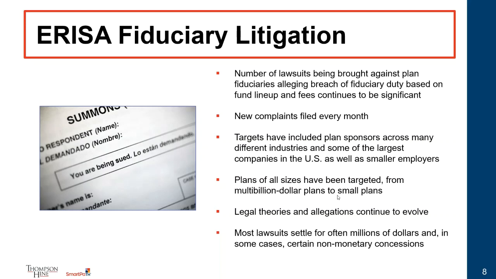That has evolved. All of this is because of the evolution of the litigation in the case law. We see the allegations and the theories, and so we want to add or improve our process to help head off those types of theories and allegations.